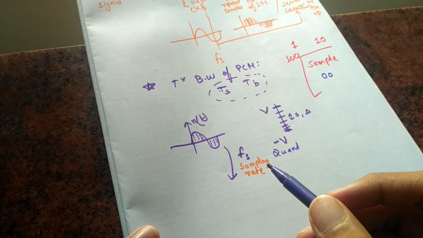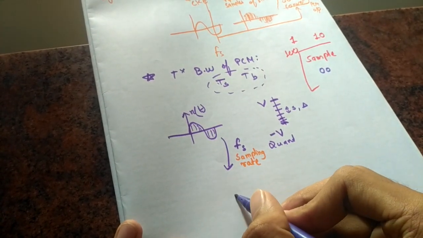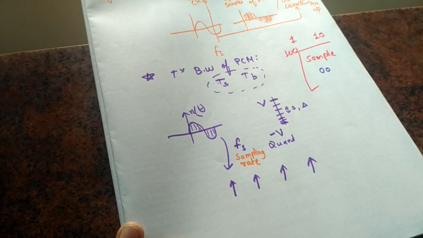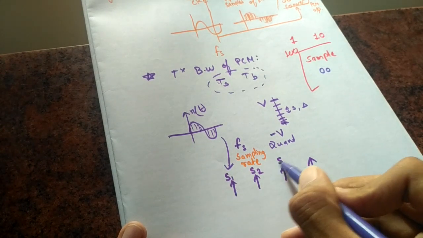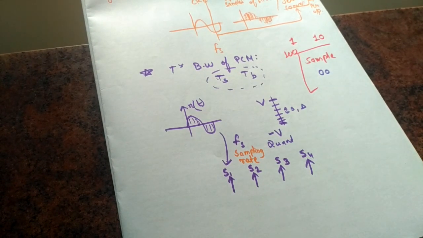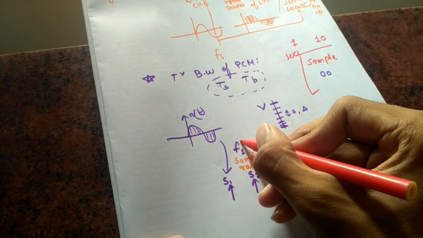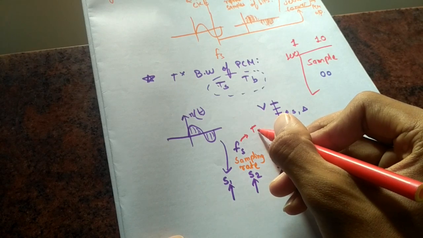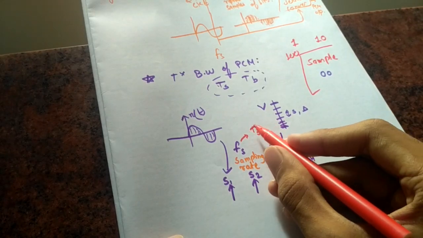Now coming back to this, let's say this signal is being sampled, and these are the samples. Let's say for simplicity we consider 4 samples. This is sample 1, this is sample 2, third and fourth one. Obviously it is being sampled at a sampling rate of fs, or we can say the spacing between consecutive samples will be Ts.